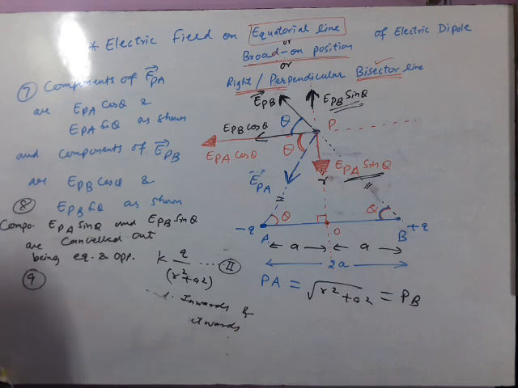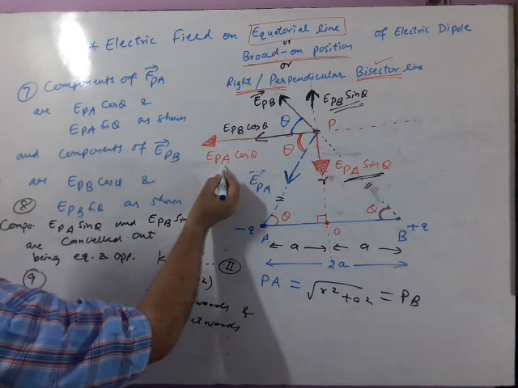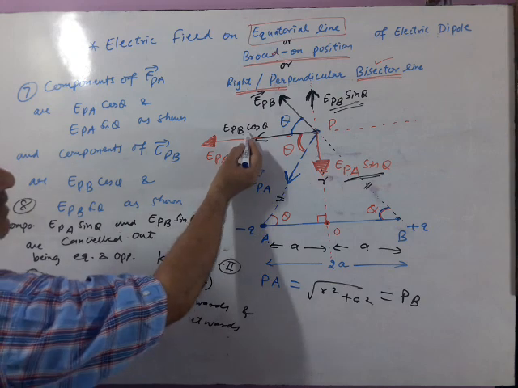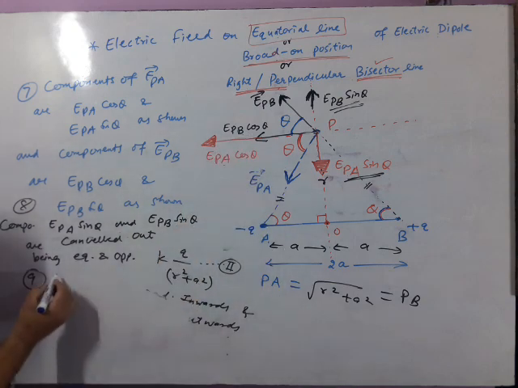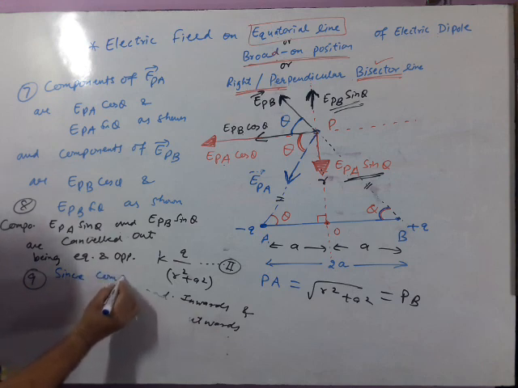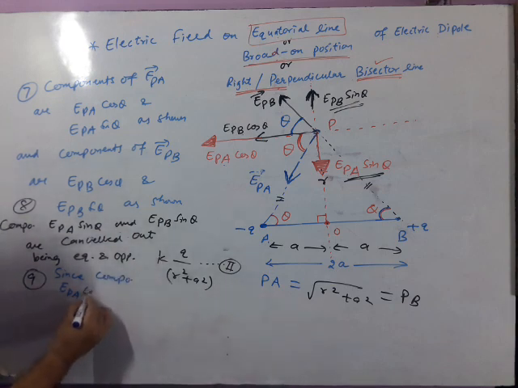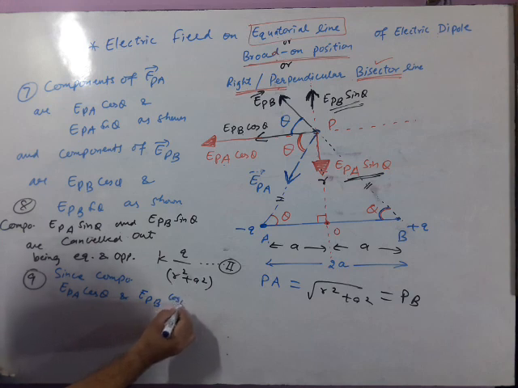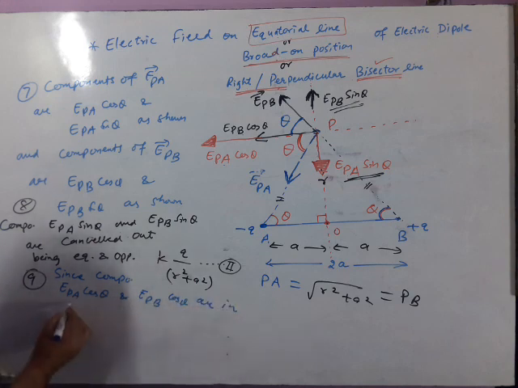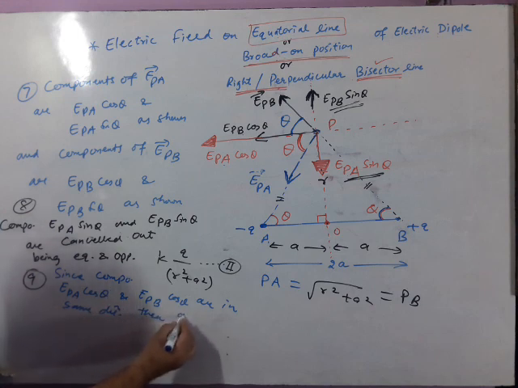Step number 9. See these two components, EPA cos theta and EPB cos theta, they are in the same direction. So, since the components EPA cos theta and EPB cos theta are in the same direction, add them up.